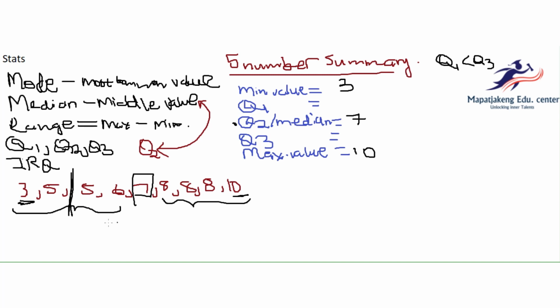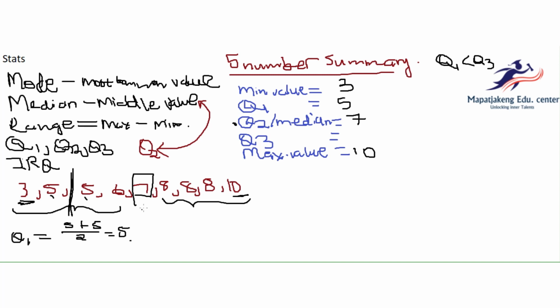Your Q1 will be the average between the two: this 5 plus this 5, all divided by 2. That gives 10 over 2, which is 5. In most cases it can be 5.5; in this case it just gives us a straight number, 5. But you saw how we got the Q1.